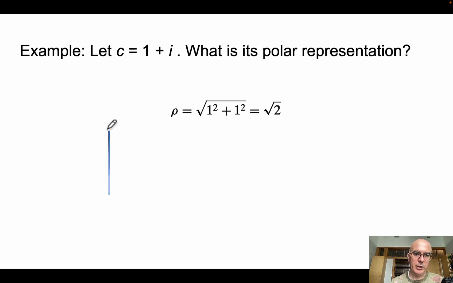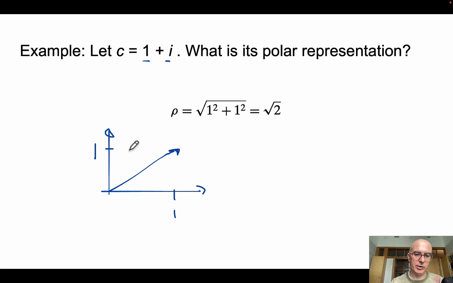We have a Cartesian description of our complex number C that is going to be 1, 1. This in Cartesian description is a vector of this form here. So the real part is going to be 1, A is equal to 1, and then the imaginary part is going to be plus 1.